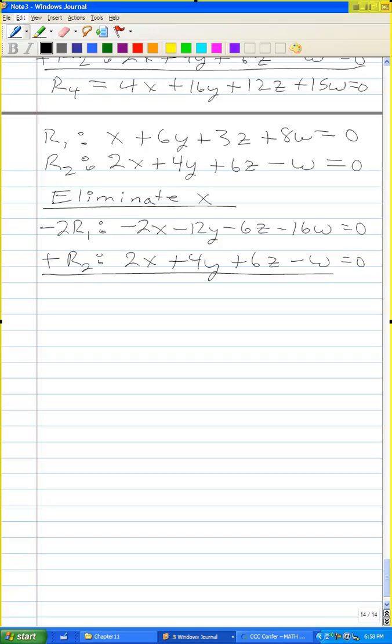So let's add these. The x's cancel. I get negative 8y, z's cancel, minus 17w equals 0.